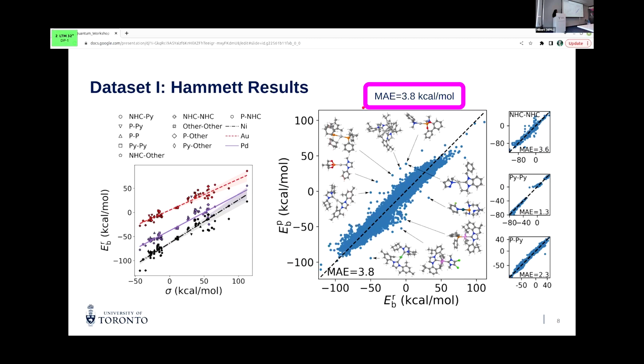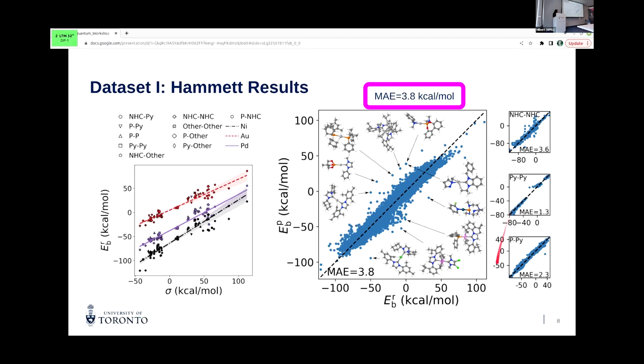And overall, the result is 3.8 kcal per mole on the fit on the full data set with 25K points. But we see a further improvement when we train on the subsets of ligand pairs, even though those subsets are a lot smaller than 25K because we have like 10 different types of ligand pairs in our data set.